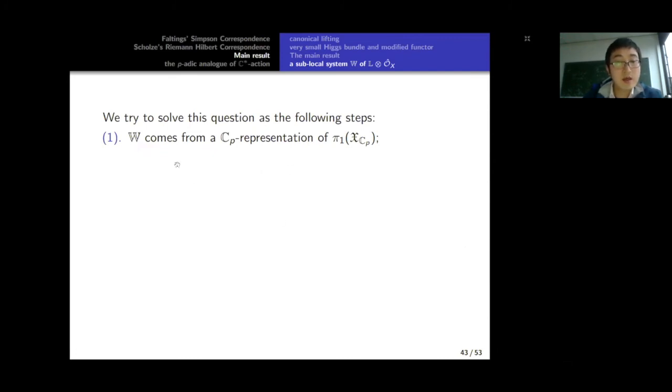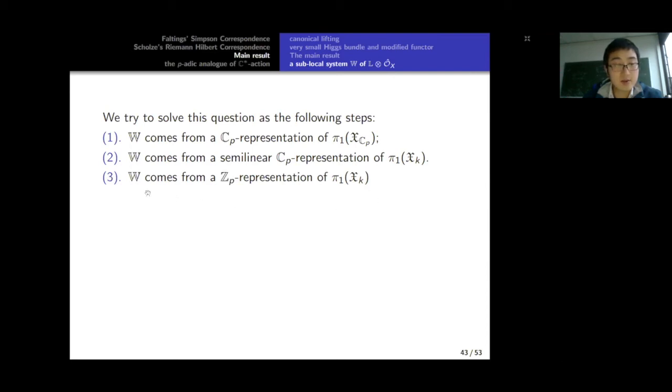The first step, we try to prove this W comes from a C_p representation of the geometric fundamental group. The second step is we try to prove this W comes from a semi-linear C_p representation of the arithmetic fundamental group. And the third step is the most difficult part, where we want to prove this W comes from a Z_p representation of the arithmetic fundamental group.